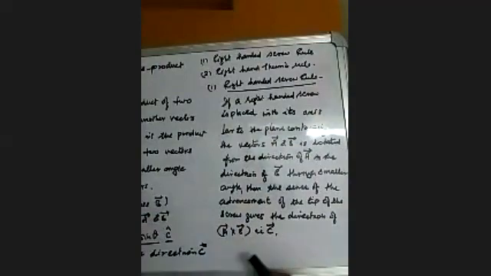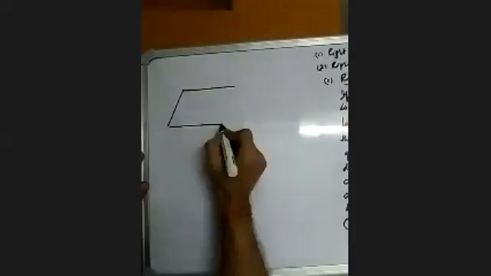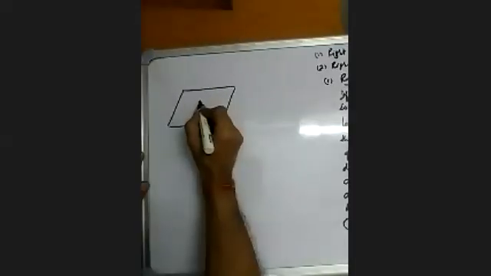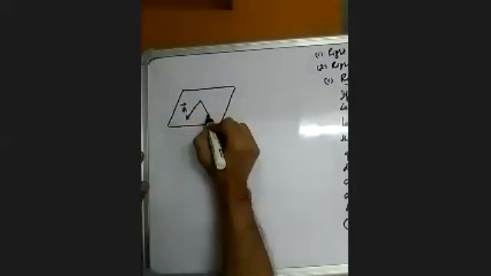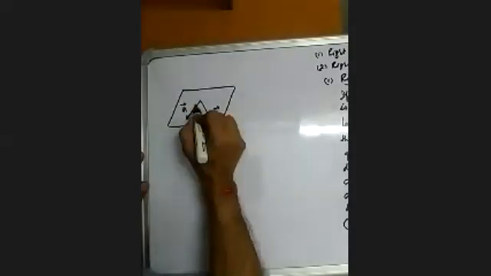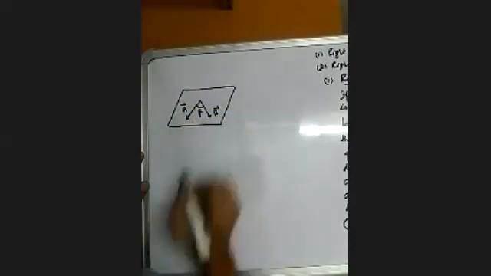Now to understand this, we can draw a figure and understand this better. Suppose this is a plane in which vector A and vector B are located. So this is vector A in magnitude and direction, and vector B. This is the smaller angle between the two.